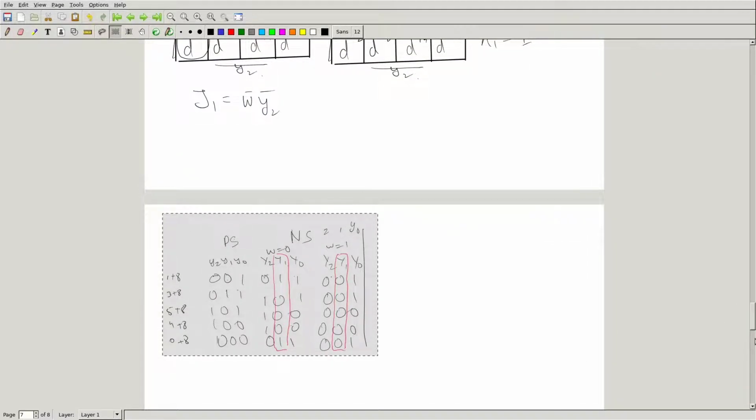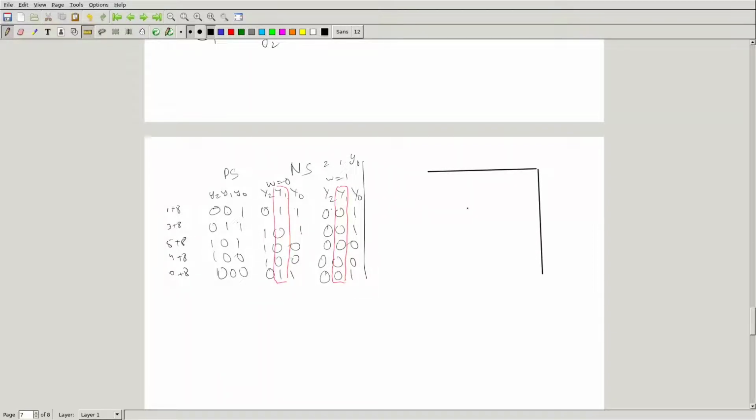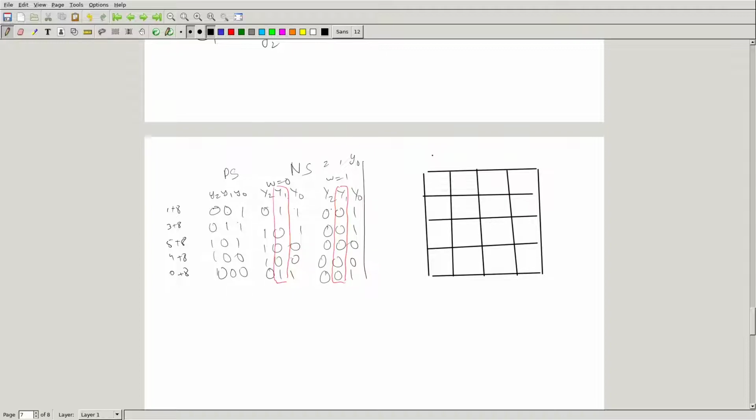And this time we are interested in the K-map for y0. So this is the K-map for y0.